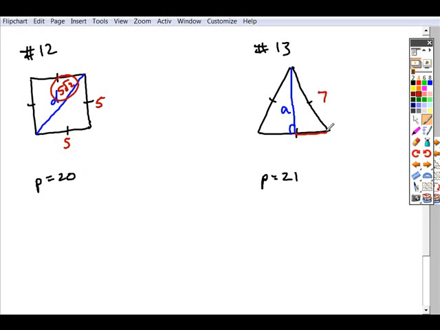If each length is 7, then when we form this 30, 60, 90 triangle, the side opposite the 30-degree angle will be 7/2, which means the longer leg will be 7/2 times root 3. And so 7 root 3 over 2 would be your answer for question 13.